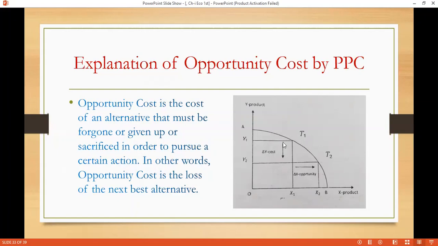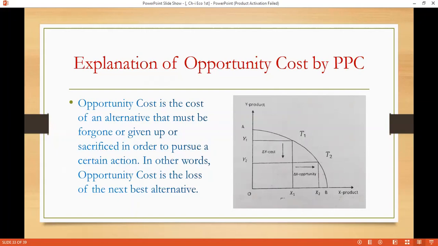So this amount is reduced to get extra X product, because resources have been transferred from producing Y product to producing more X product. This change in X product, del X, is the opportunity we have got, and for that, del Y, this amount of Y product, we have sacrificed. So this is opportunity cost.